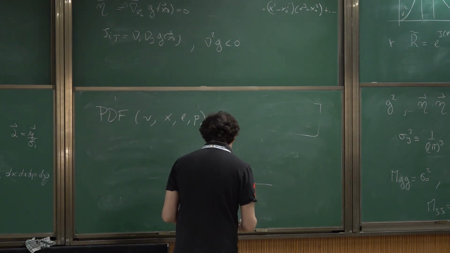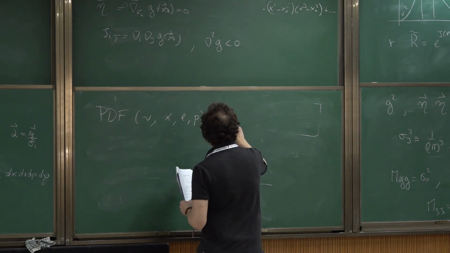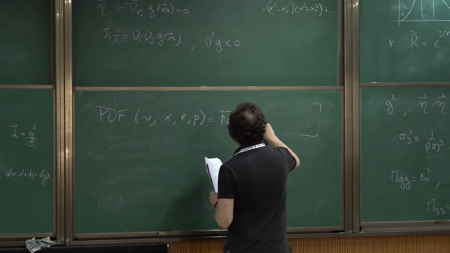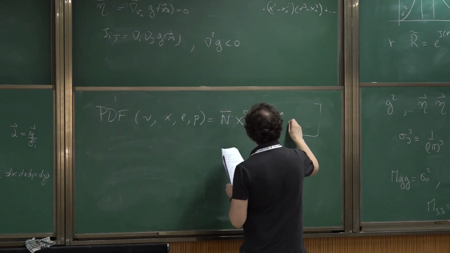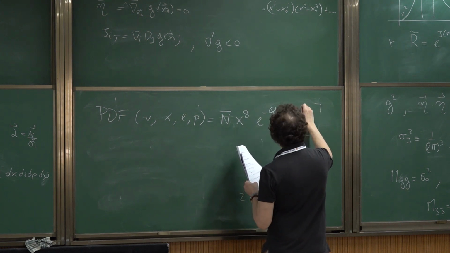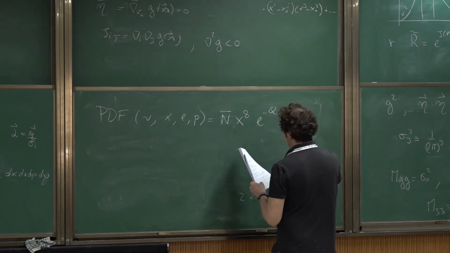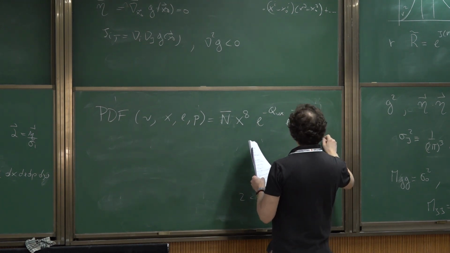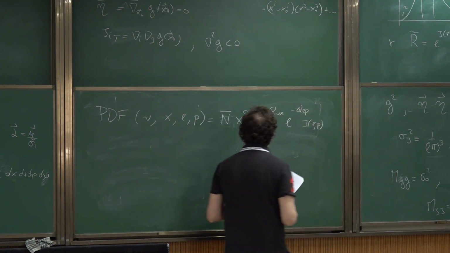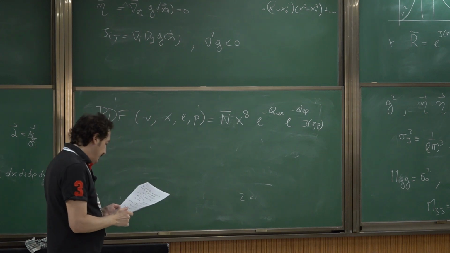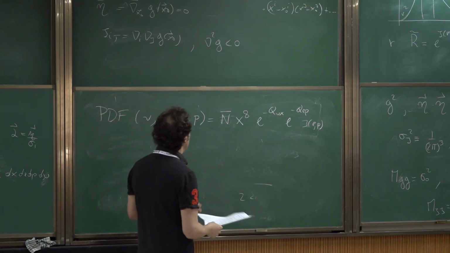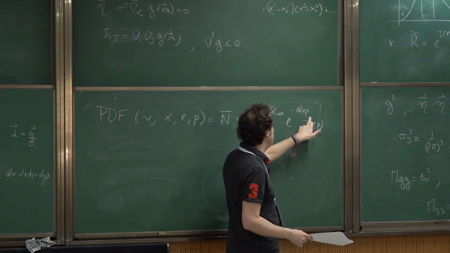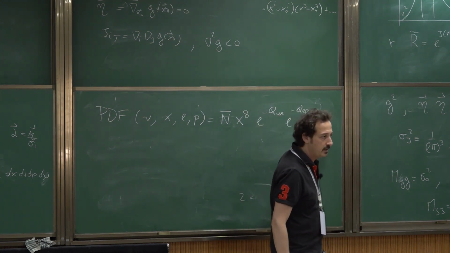And this turns out to be some new normalization, x to the 8, e to the minus q nu x, e to the minus q ep, and then j ep, and that's it. These are just quadratic forms that relate nu and x, and another function that relates e and p.